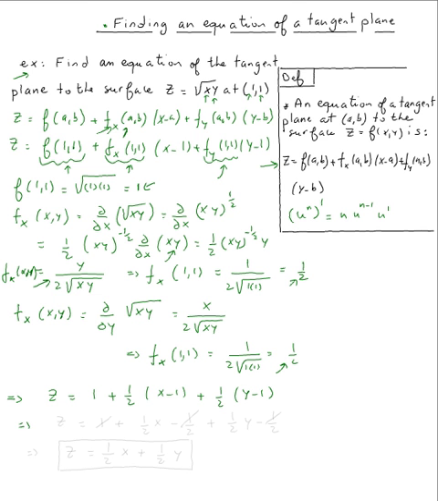Now all we have to do is distribute, so 1 plus 1/2 x minus 1/2 plus 1/2 y minus 1/2. This means the equation is z equal 1 minus 1/2 minus 1/2 is 1, 1 minus 1 is 0. So this will be 1/2 x plus 1/2 y. And that would be the answer, the equation of the tangent plane at 1, 1.